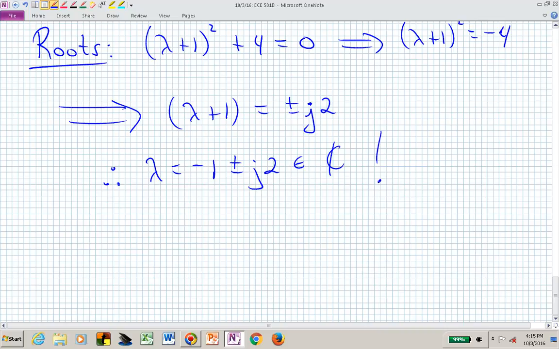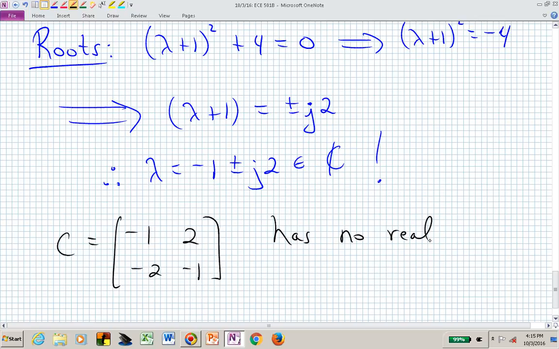And we've now demonstrated then that this original matrix C that started with real elements, minus 1, 2, minus 2, minus 1, has no real eigenvalues, but I do want you to pay attention to the eigenvalues that it had and the structure of C itself.